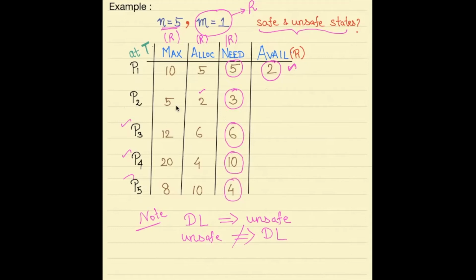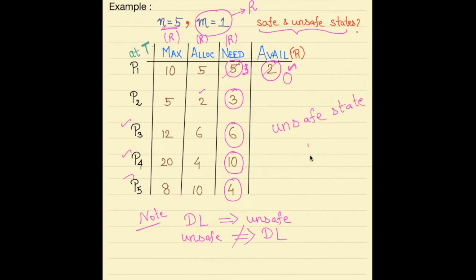See here, all the process needs are greater than the available resources. Even if I give 2 to one process, the remaining need will be 3 to complete its task, and then the available will become 0. I cannot give to any other process since my available becomes 0. So this example will lead to an unsafe state.